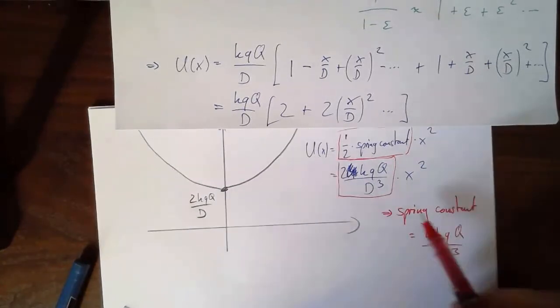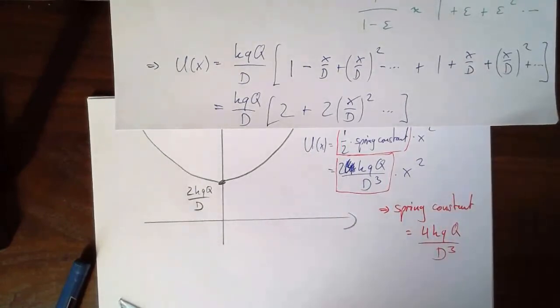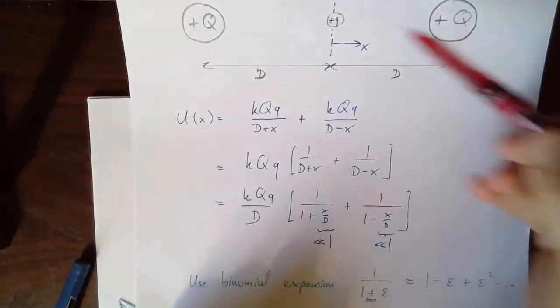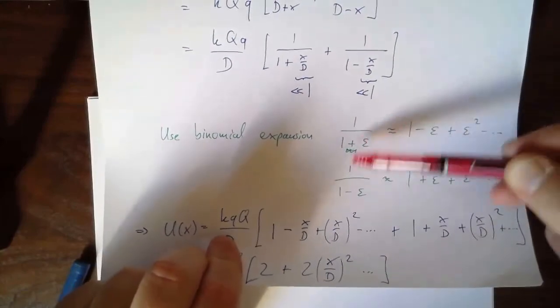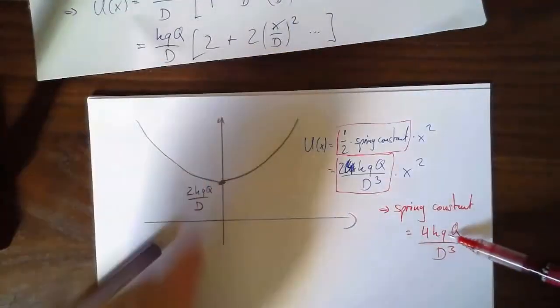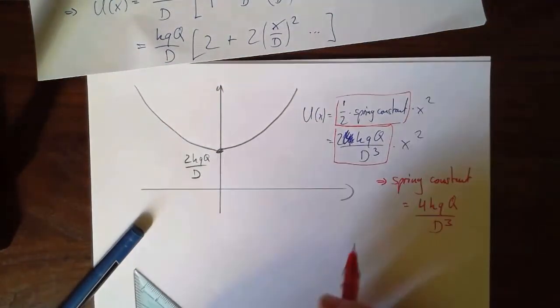So I say spring constant is the effective spring constant, right? It's not literally a spring. It's a charge stuck between two other charges, but it oscillates, provided the oscillations are small. So this approximation is good. It's accurate enough. That implies that the effective spring constant is this. So what does this imply?